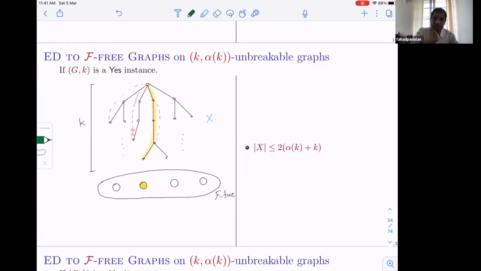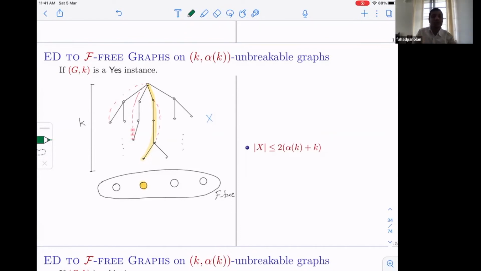look at the job these vertices, which will be in these tree nodes, do, this will be used to kill an induced subgraph in G which is isomorphic to a graph in F. So it may be used to hit those structures, or it may be doing a job to disconnect graphs.